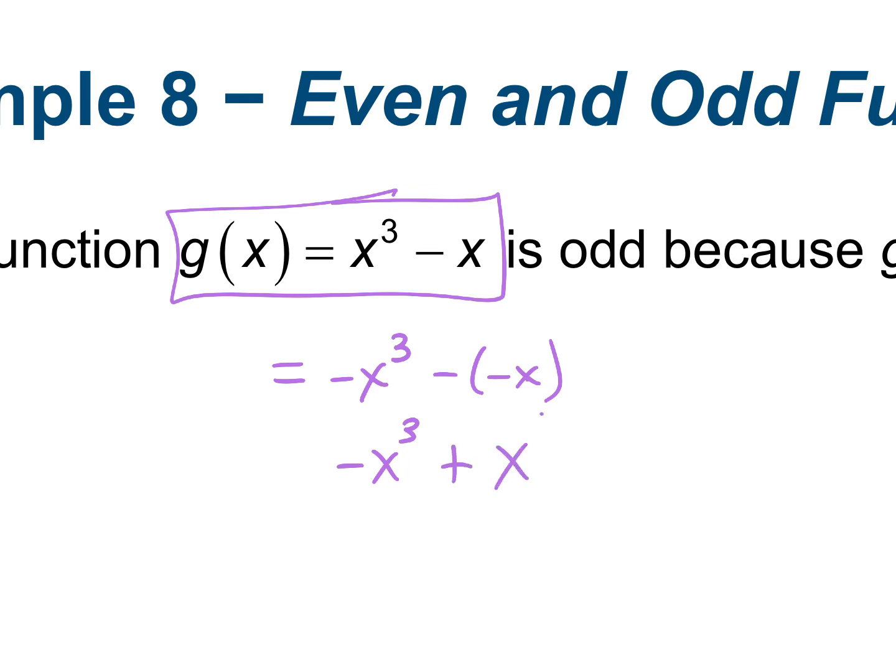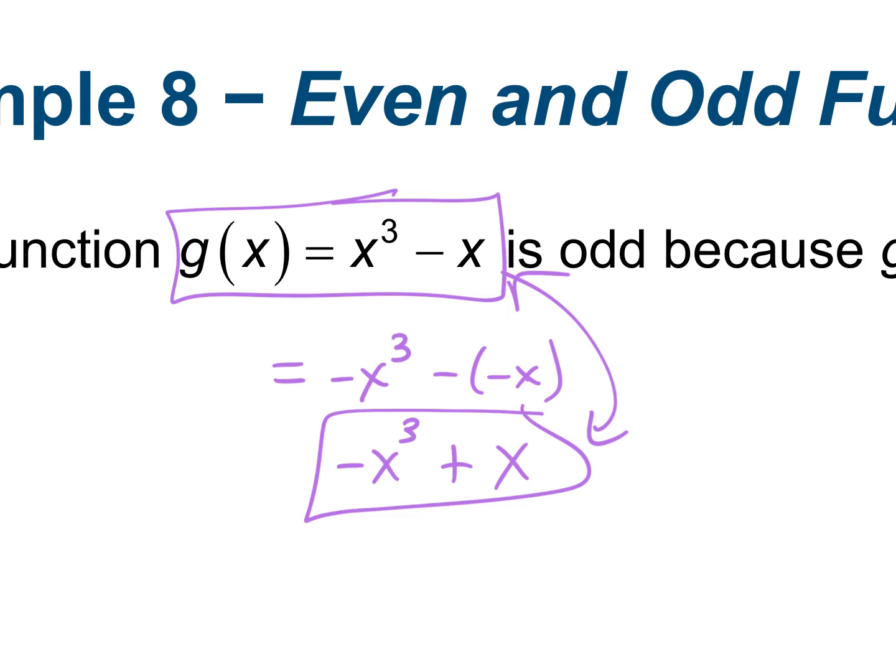Plus x. What do you notice about these two? They're exact opposites, right? Sometimes it's not too hard to plug in a negative x. Sometimes there's a lot of variables and your negatives can get lost, and then it's hard to compare from the beginning to the end if they're exact opposites or not.